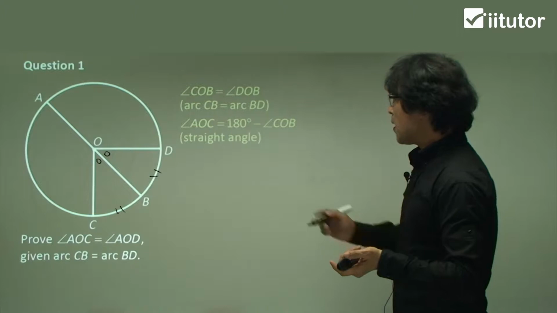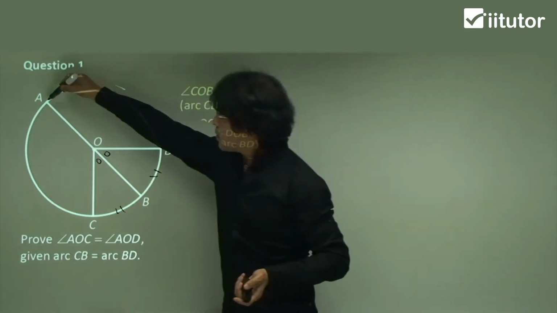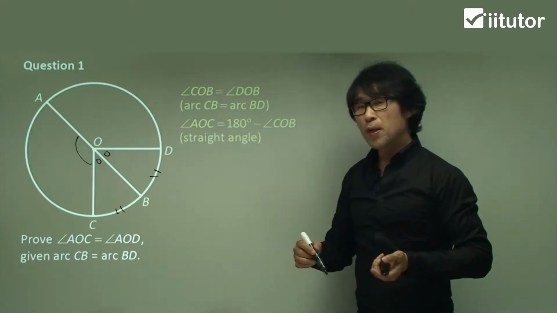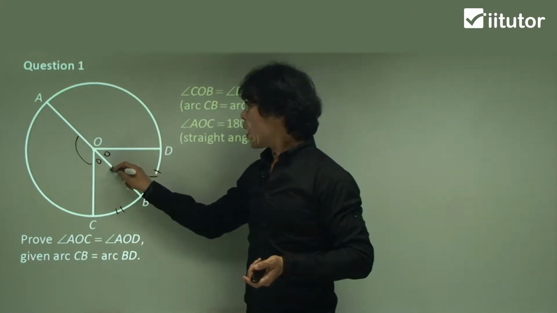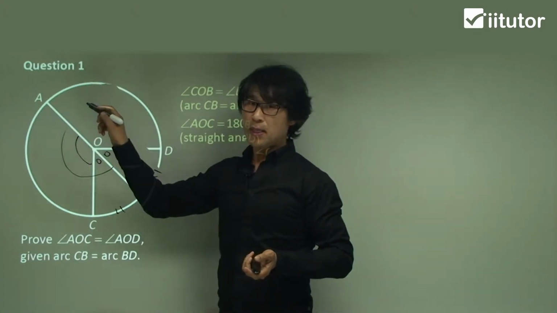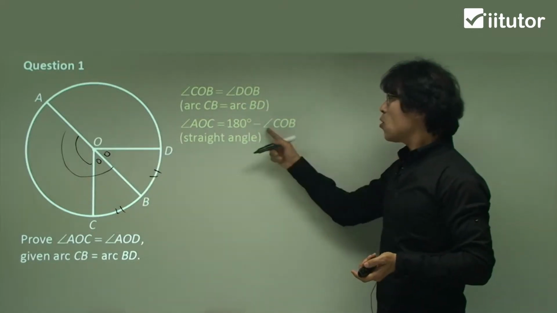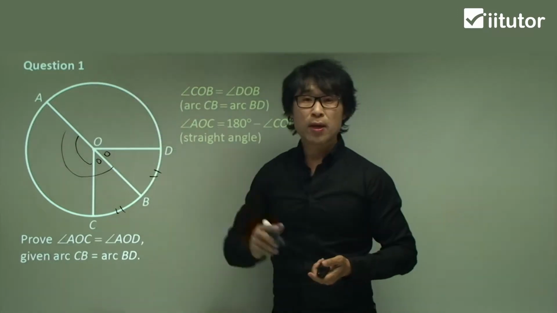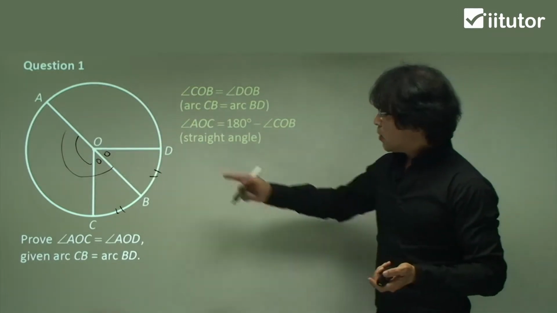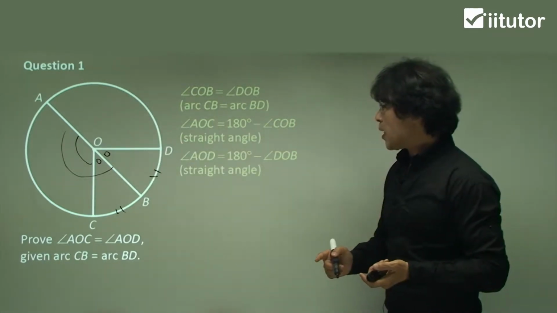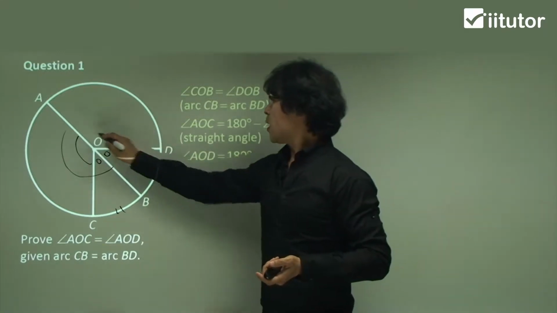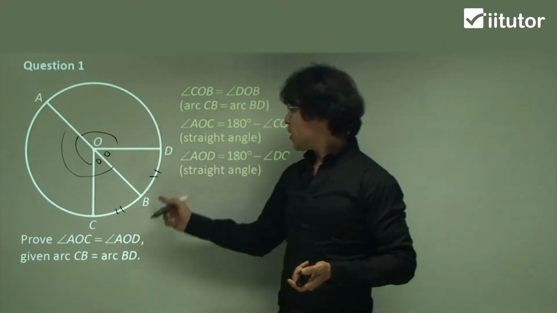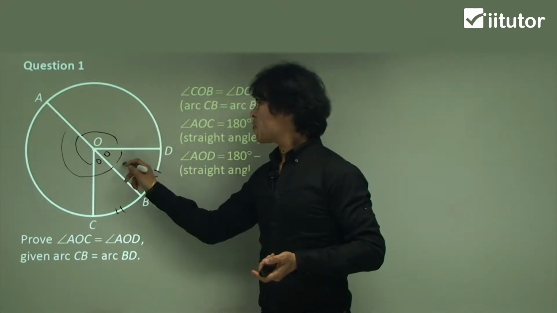The second one, angle AOC. This angle can be obtained by subtracting this angle from 180. You get that? How do you know? The reason is that it is a straight angle, which is 180. The other one should be the same. Angle AOD is obtained by taking angle DOB out of 180.